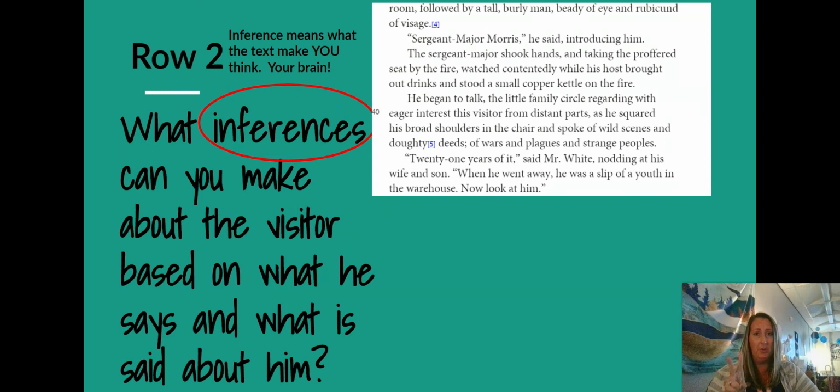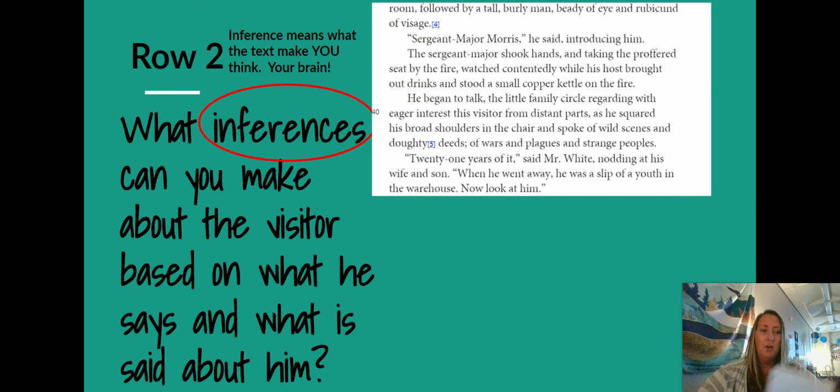In the second row here, you're going to make an inference. You've already got the first one with your bullet points. Now we're on the second one. It says, what inference, and the inference means what's in your brain. What does the text make you think? Based on what the author, the narrator, is telling us, what's something you're thinking about the visitor, based on what he says and what is said about him? So what are the clues that you have about this guy who's visiting?